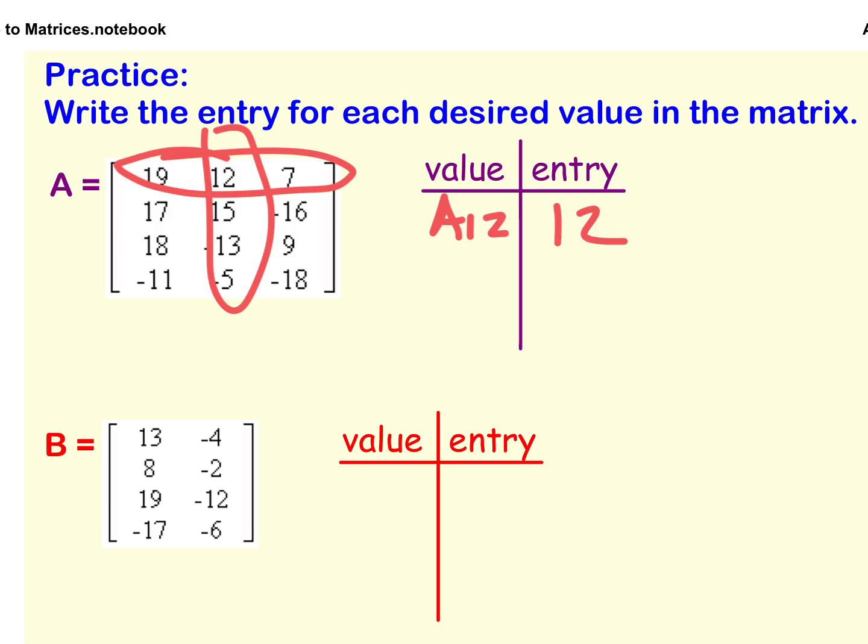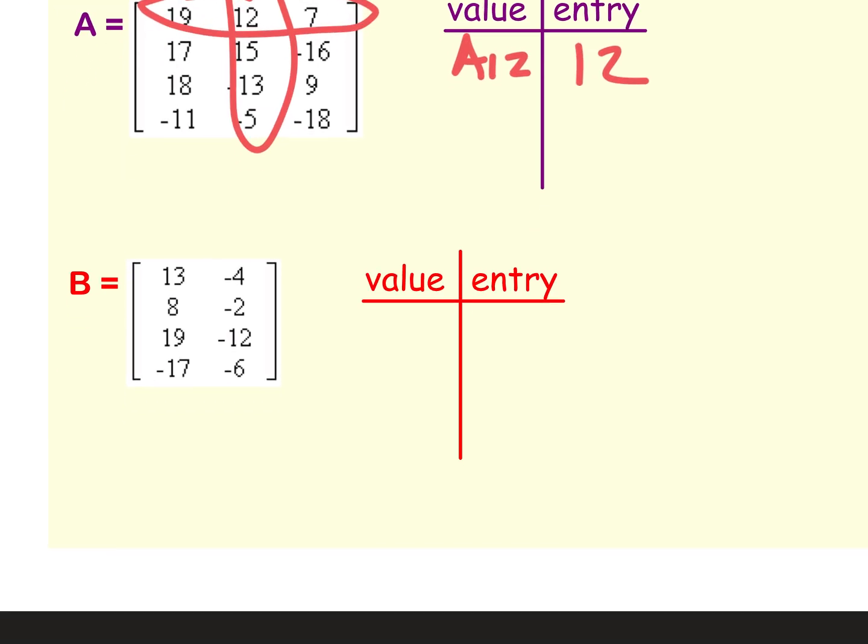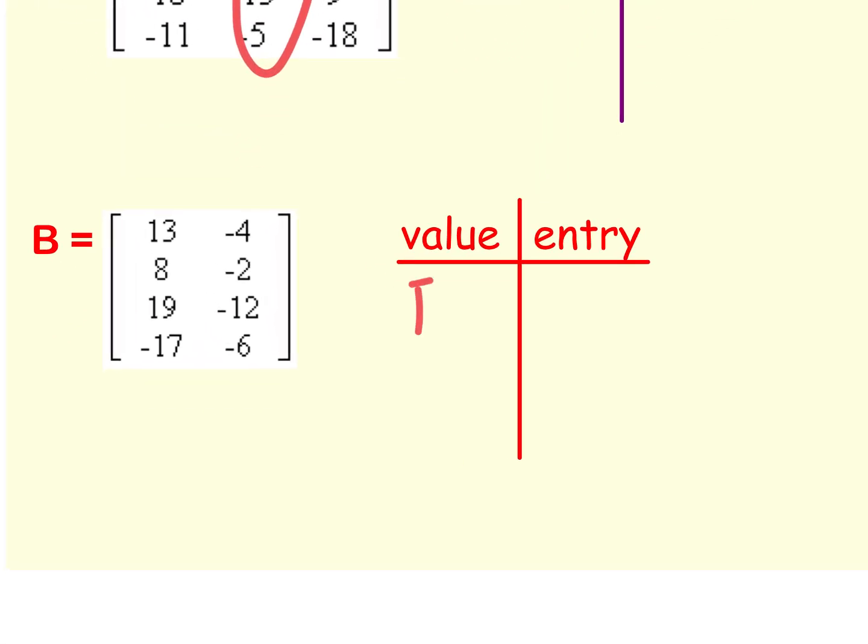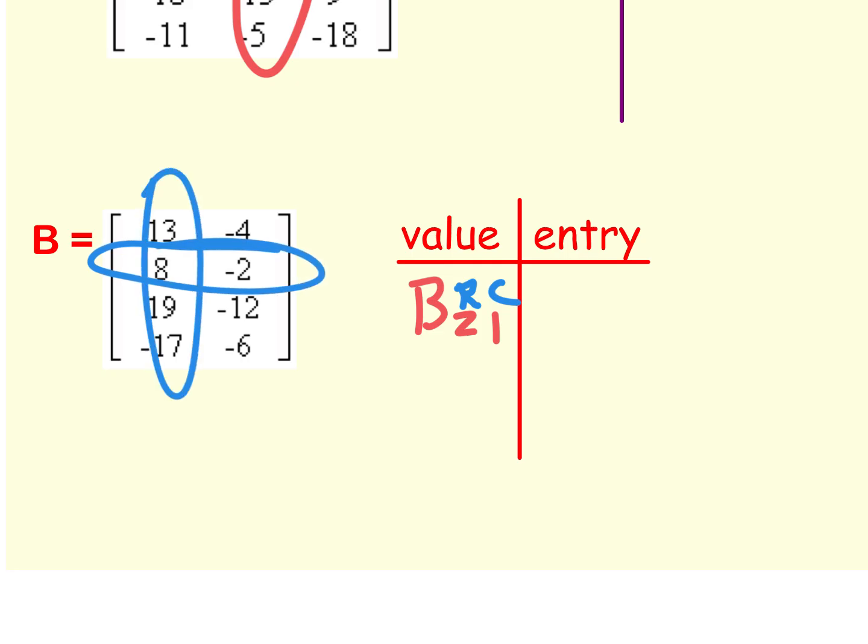Raise your hand if you had 12. Cool. Then just one last check on that. What's B21? Remember, it's always rows, then columns. So I really said row 2, column 1. Here's row 2. Here's column 1. It's an 8. Okay, cool.